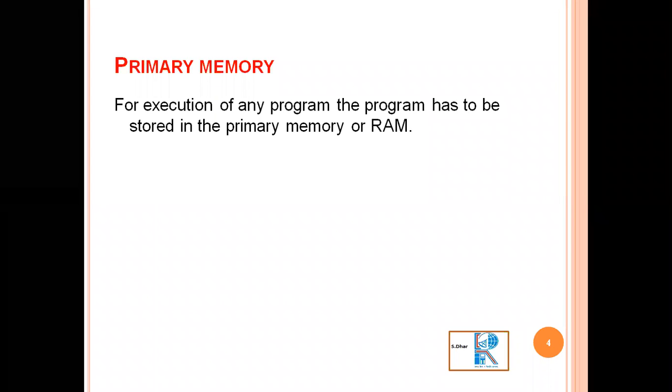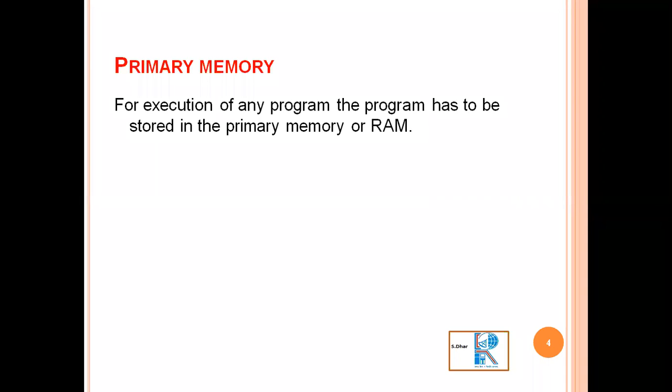Similarly, the operating system is a special type of software called system software. To run the operating system, a part of the operating system is stored in the primary memory or RAM. RAM is very important for execution of any program. Clear? Without RAM, it is not possible to run any program in a system.